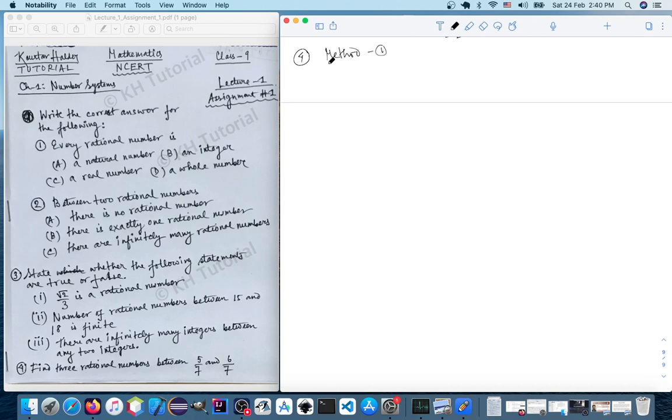By using method 1, the given rational numbers are R is 5 by 7 and S is 6 by 7.